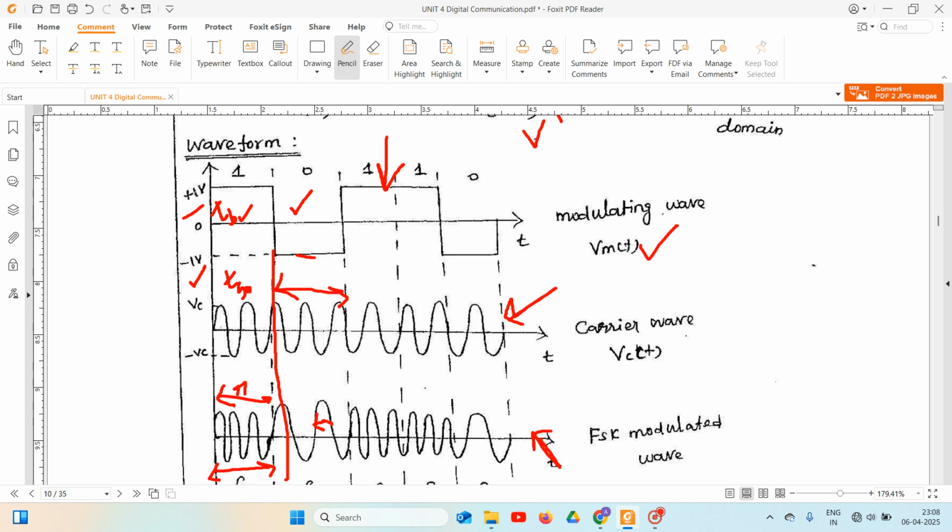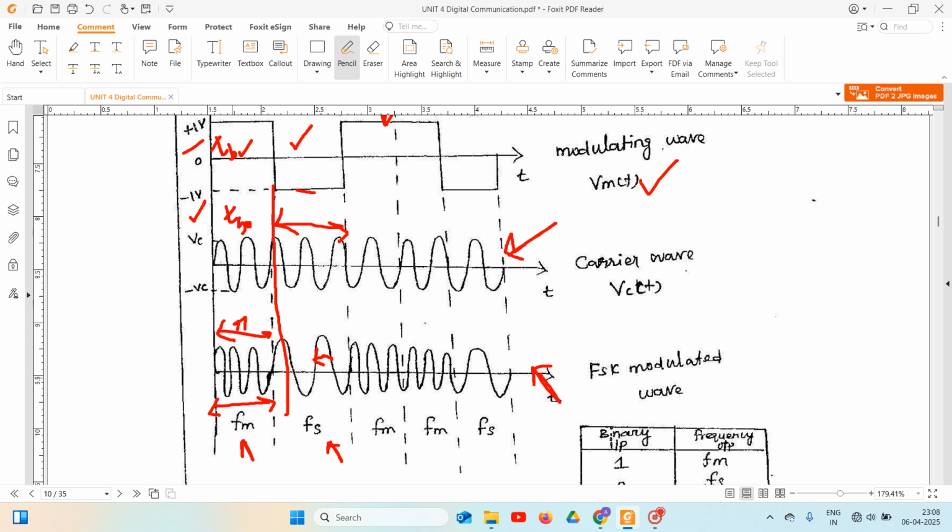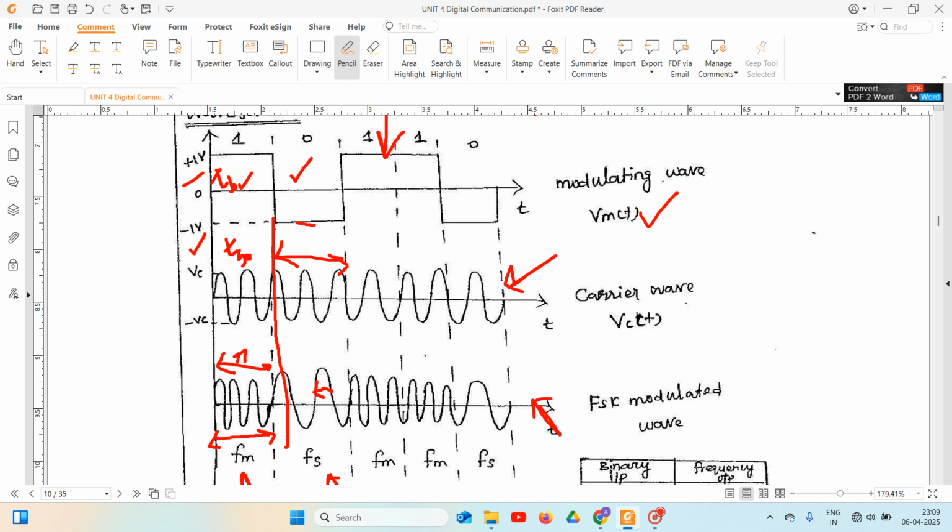The mark frequency is what you get at logic 1. This is your mark frequency. The space frequency you will get at a binary input of logic 0. In the mark frequency, the carrier signal is in the form of a compressed wave. In the space frequency, the carrier signal is in the expanded format, right?